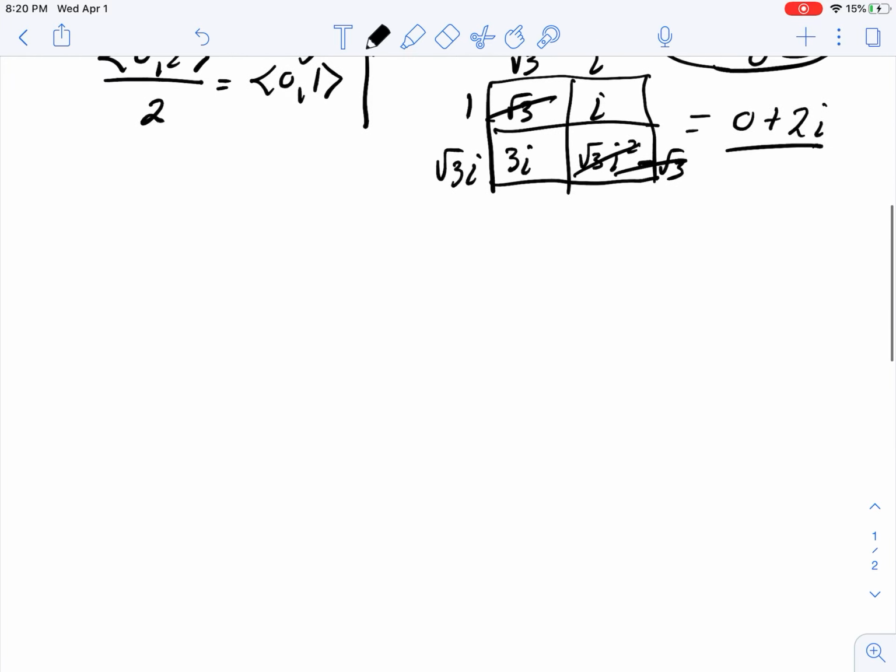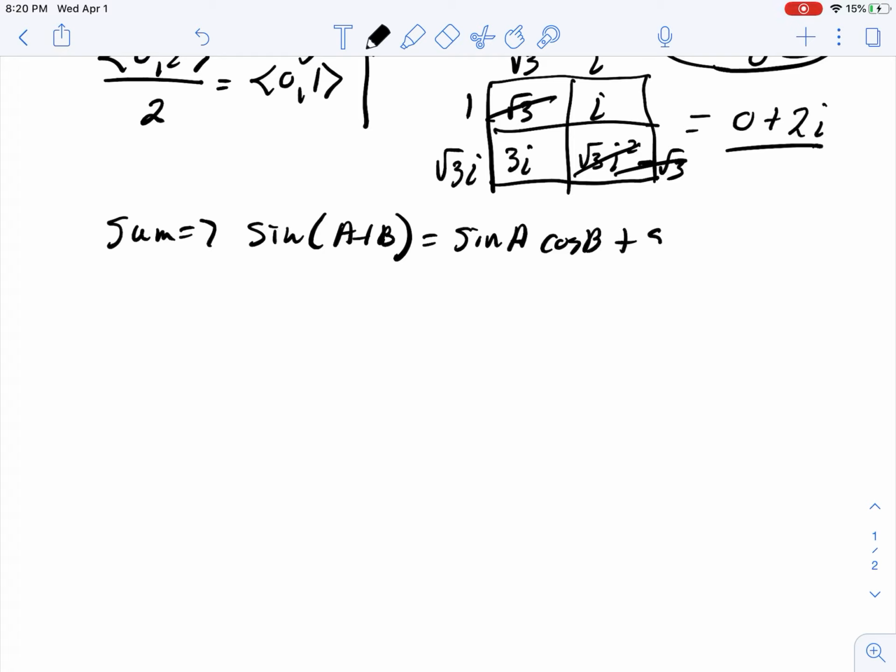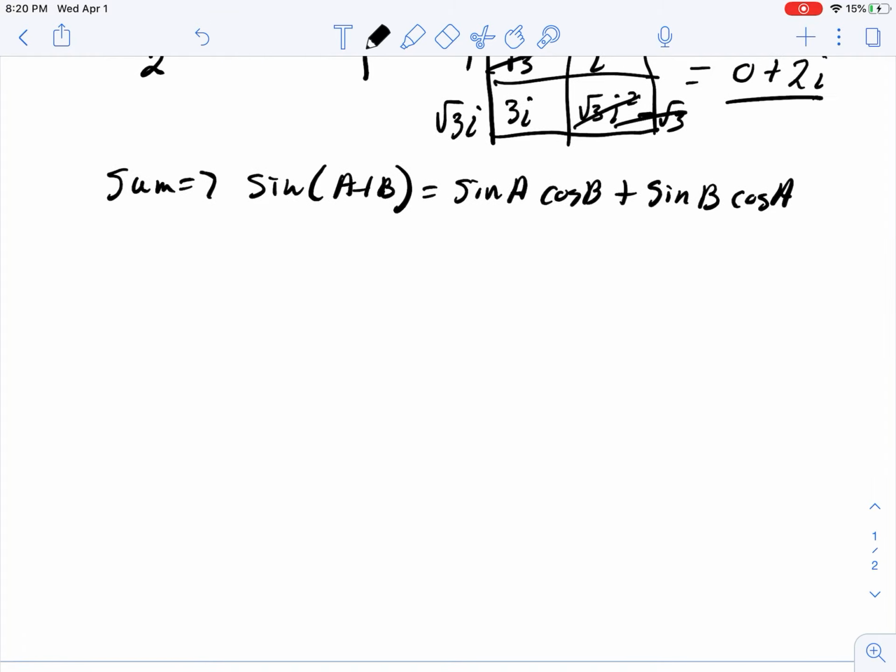The other way we do it in trig is by sums and differences. Let's say sine of a plus b. What you have then is sine a cosine b plus sine b cosine a. If you look at the components we just used, sine a would be 1/2, cosine b is 1/2, sine b is root 3 over 2, and cosine a is root 3 over 2.